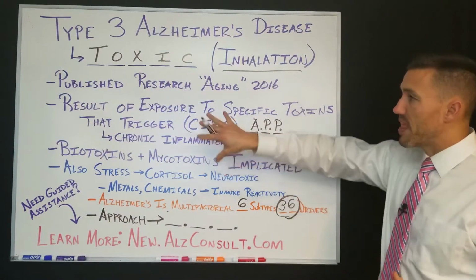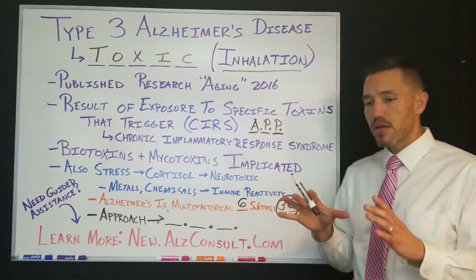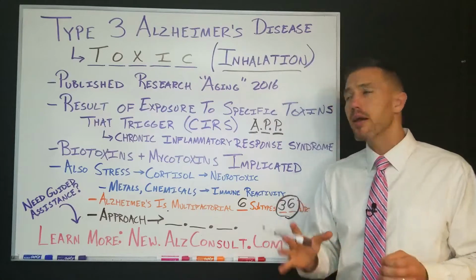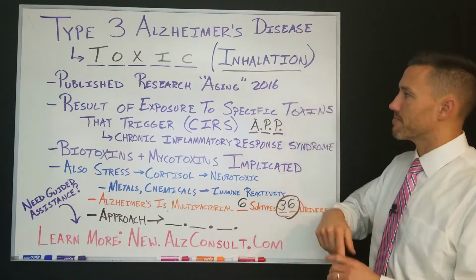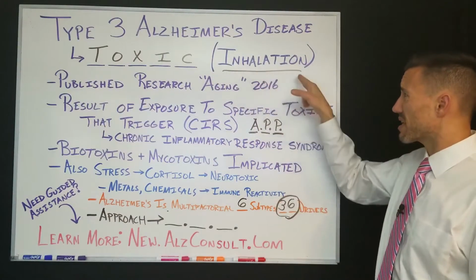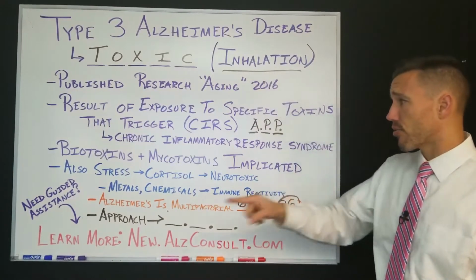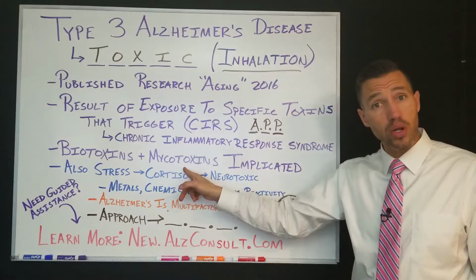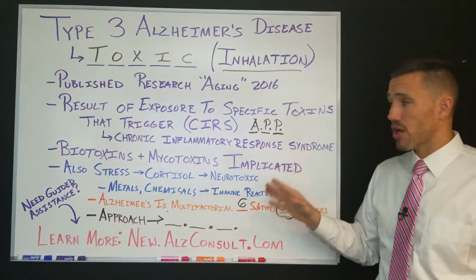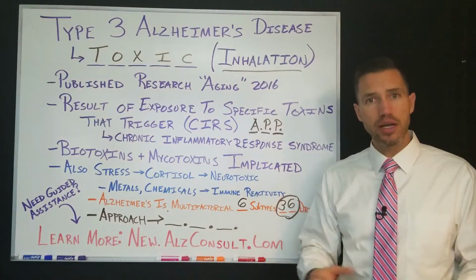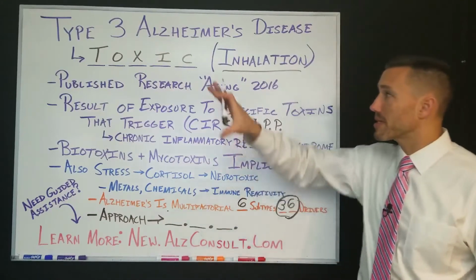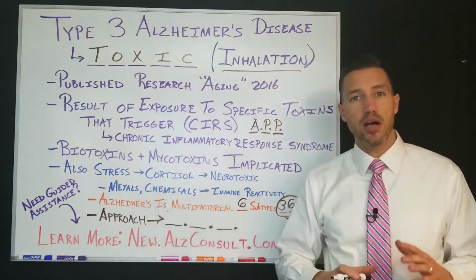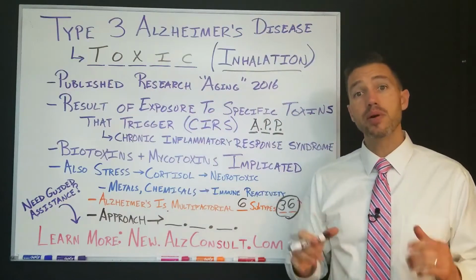This is a huge opportunity, because if we can identify toxic exposure, which is primarily inhalation-based from biotoxins and mycotoxins, mold, then we can help people right now who are probably suffering from this particular type of cognitive decline simply because of the home that they live in or the building that they work in.